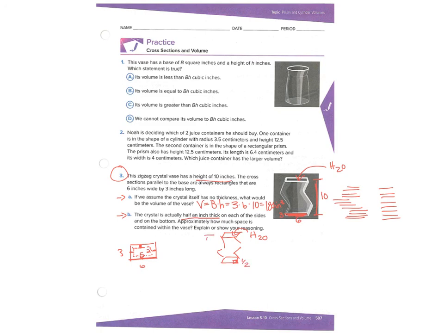So instead of being 10 inches tall, now that I'm using up a 1/2 inch for glass at the bottom, it's really 9.5 inches tall. I don't need a 1/2 inch at the top because the top of my vase is open to pour the water in. So my actual dimensions, if my glass has a thickness, the area of my big B is now 5 times 2 instead of 6 times 3. And my height is really 9.5 instead of 10 because my bottom has a 1/2 inch thickness of glass.